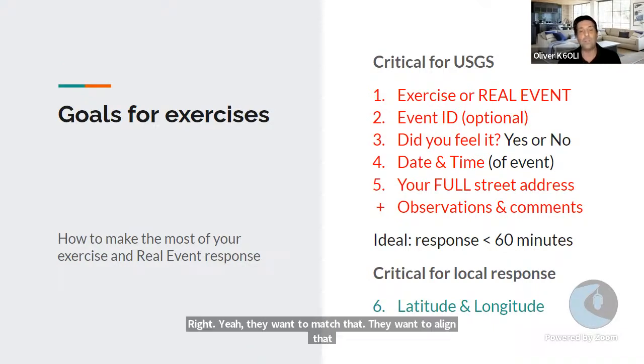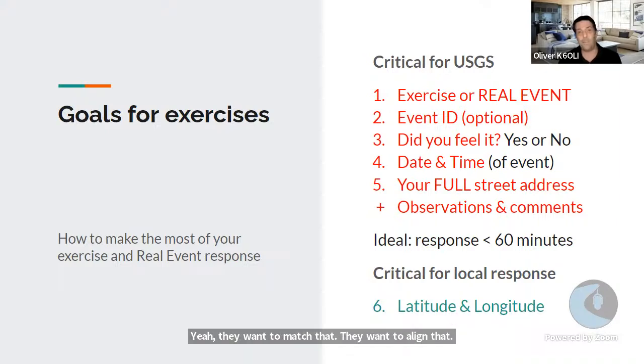And then your full street address. So please, that was one of the things that came out of ShakeOut 2021. And our contacts at USGS said, well, we did have about 20 reports that only gave us the street address. And just to give you an example, 1234 Main Street exists in more than one town in the United States.